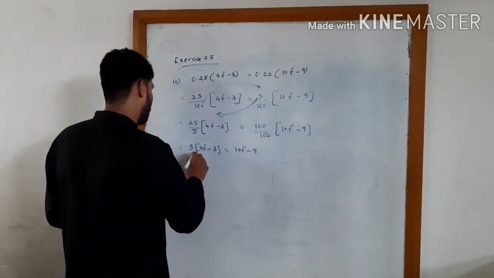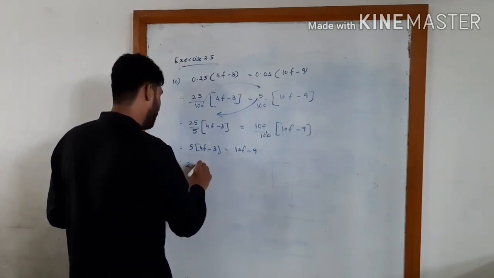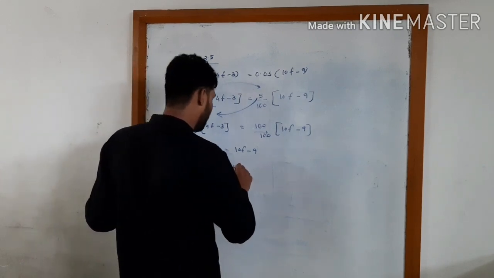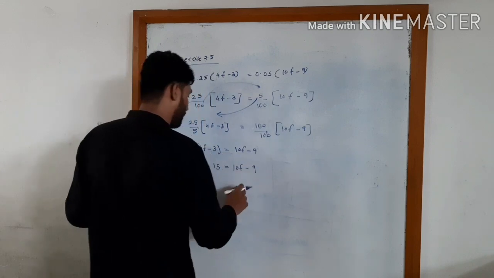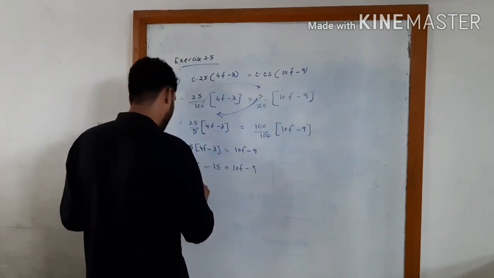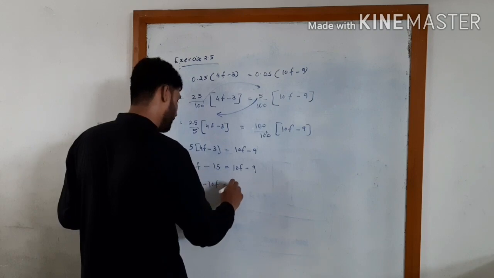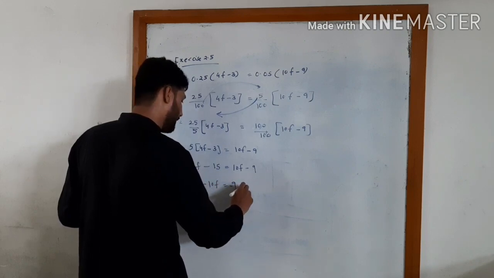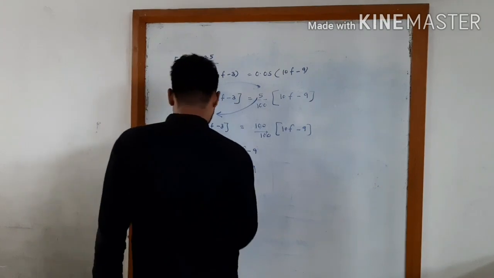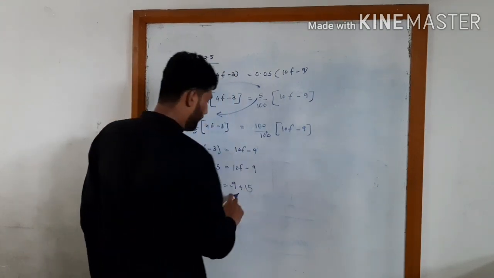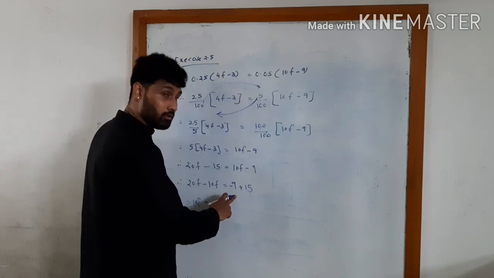So now I'll open the bracket, 5 4s are 20f minus 5 3s are 15 is equal to 10f minus 9. Using transpose, therefore 20f minus 10f is equal to minus 9 plus 15. Therefore 10f is equal to 15 minus 9 is 6.